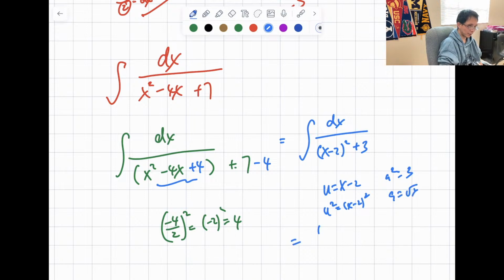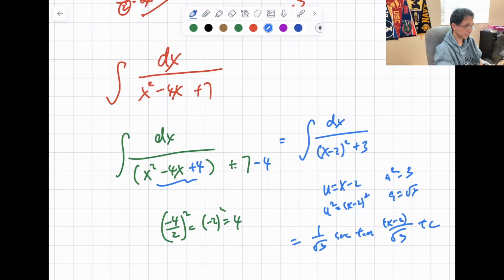So that's equal to 1 over root 3 arctan of, actually, x minus 2 over root 3, plus c. And that's your final answer.